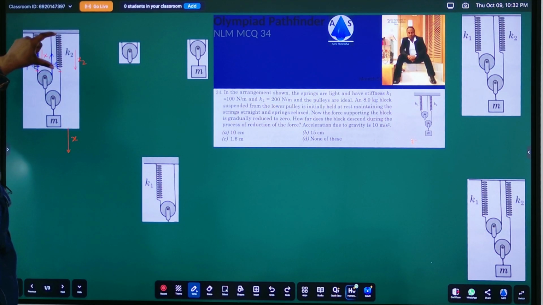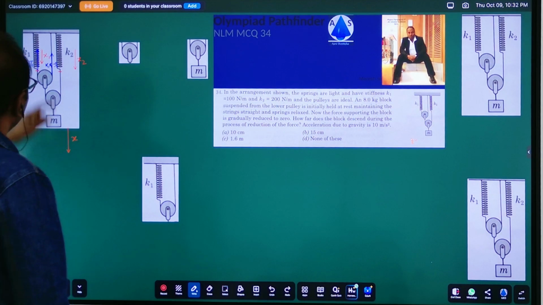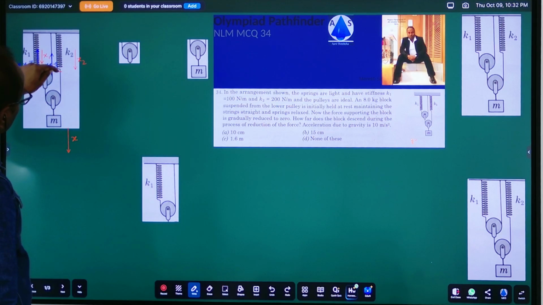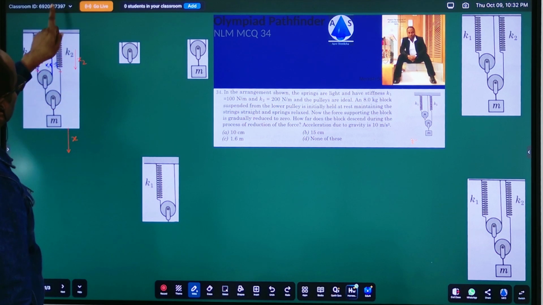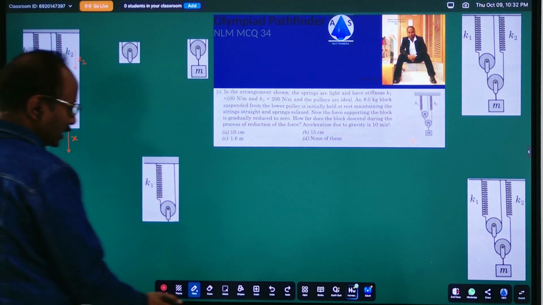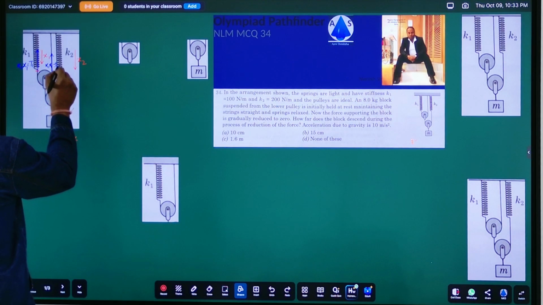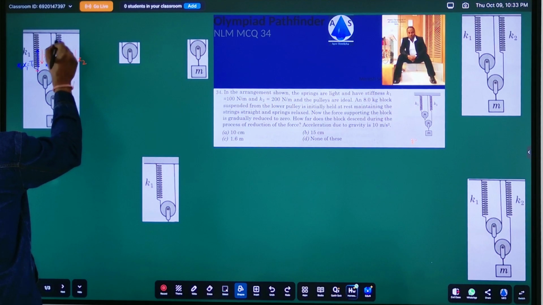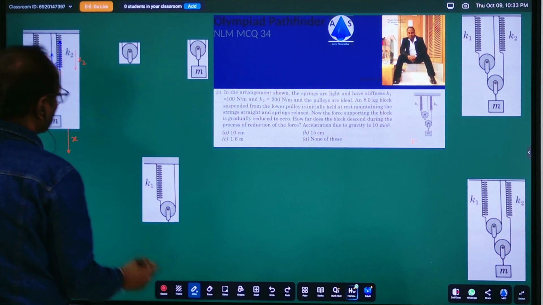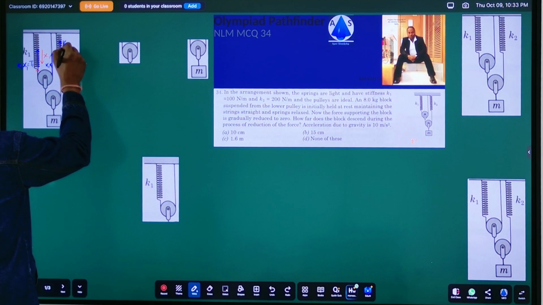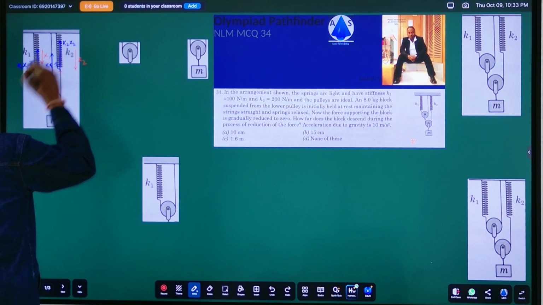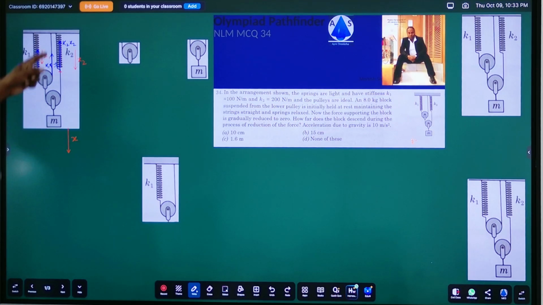In this spring, elongation is of X2 length. So the spring will exert a force on the string equal to K2X2, and this K2X2 will be the tension in the string throughout.